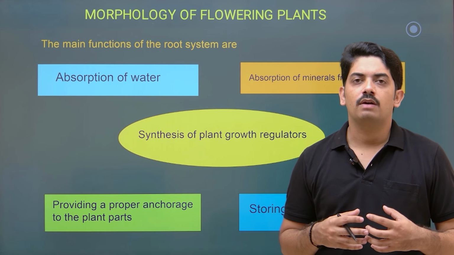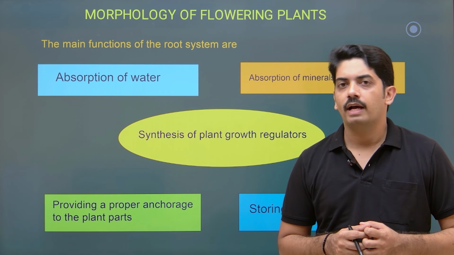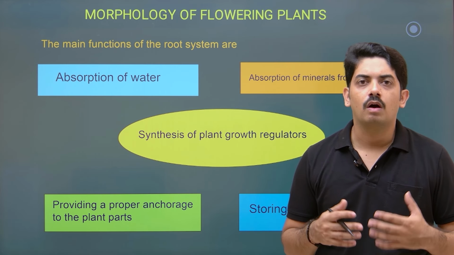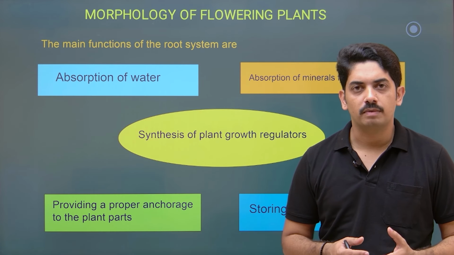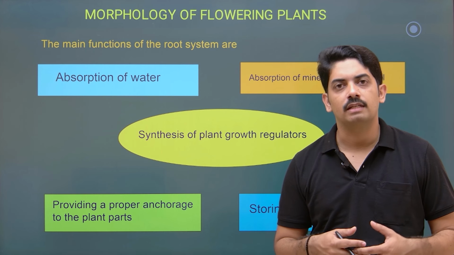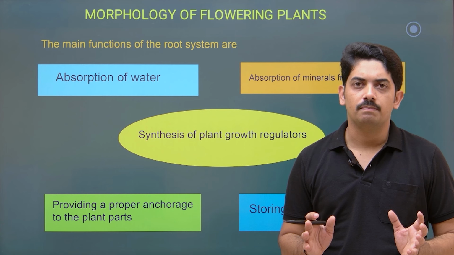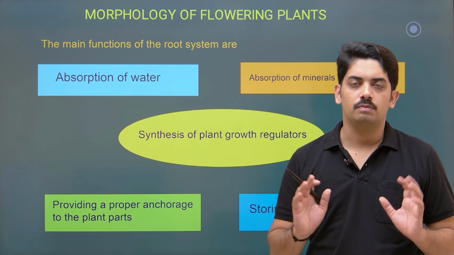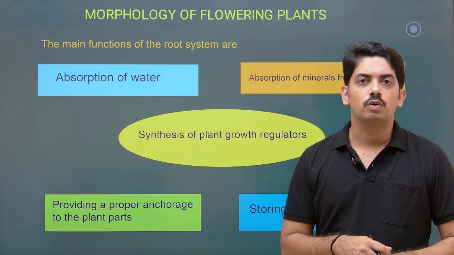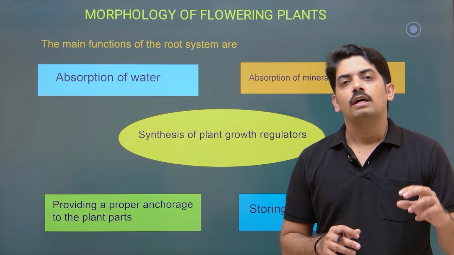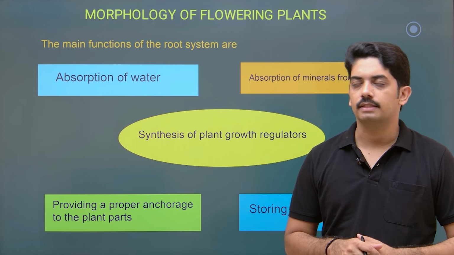See, as we have different types of hormones for our normal growth, plants do have different types of plant growth hormones. They help in cell division, they help in root formation, they help in flowering, they help in fruit setting. So the changes we observe in plants are mainly because of hormones. Those hormones are also produced in the root. So the root acts as a primary organ in the synthesis of plant growth regulators.